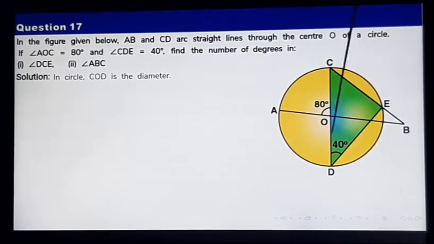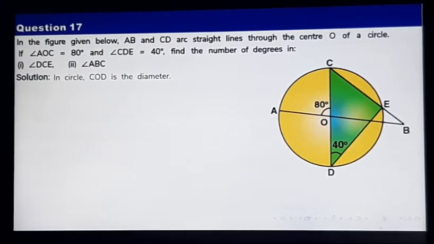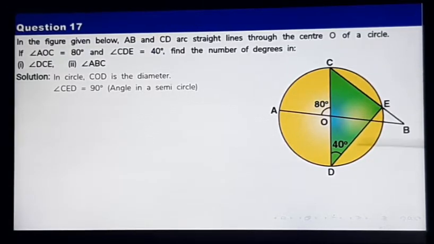Okay, so that means this side is also a semicircle and this side is also a semicircle, right? Now one more thing, we know that the angle in a semicircle is always 90 degree. So in this semicircle, this angle is going to be exactly 90 degree. All right, so we have CED equals 90 degree.